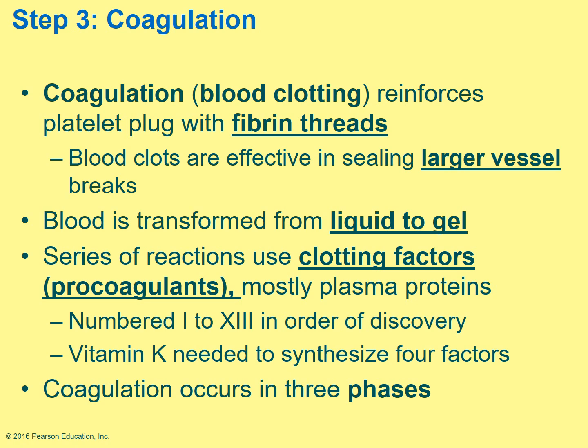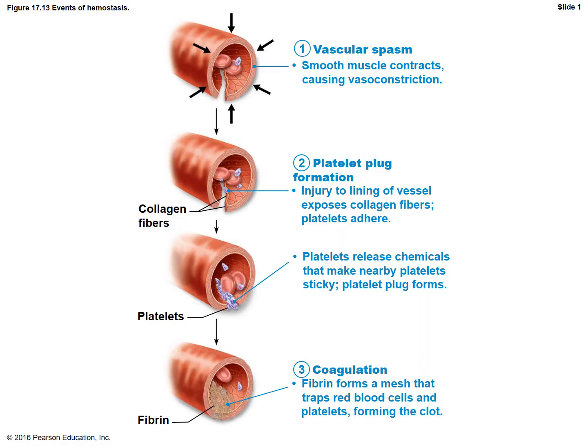There's a series of reactions, and these reactions use clotting factors, which are mostly proteins in the plasma, so they're plasma proteins. They're numbered from 1 to 13, and the way they're numbered, it's not in the order of use, but in the order of discovery. Vitamin K is necessary to help synthesize some of these factors. There's going to be 3 different phases that will occur with it.